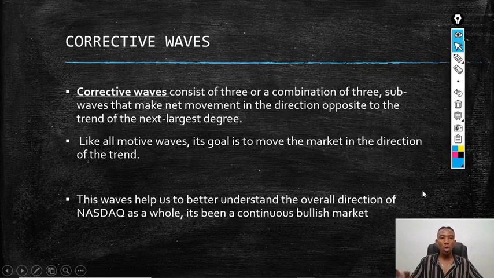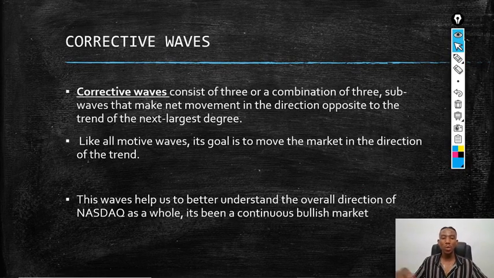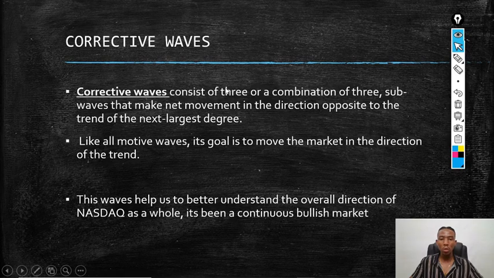Secondly, we have corrective waves. What is a corrective wave? A corrective wave consists of 3 or a combination of 3 sub-waves that make a net movement in a direction opposite to the trend of the next largest degree. Like all motive waves, its goal is to move the market in the direction of the trend. So basically this would be our corrective wave. Do you remember the first one? We have an impulse wave, 1, 2, 3, 4, 5.